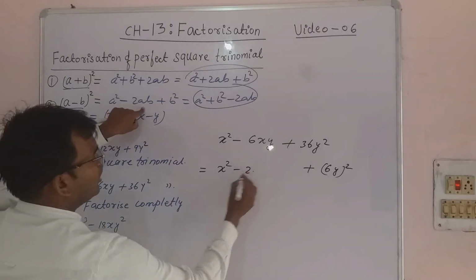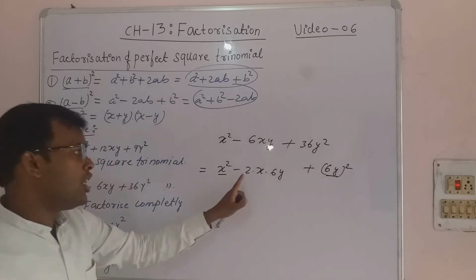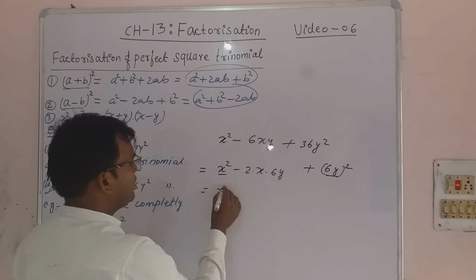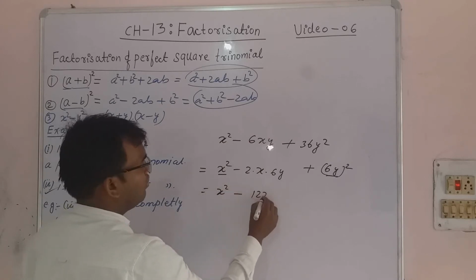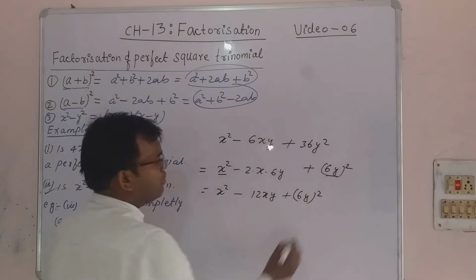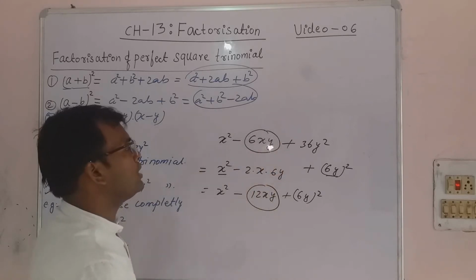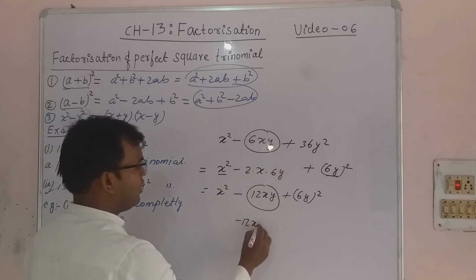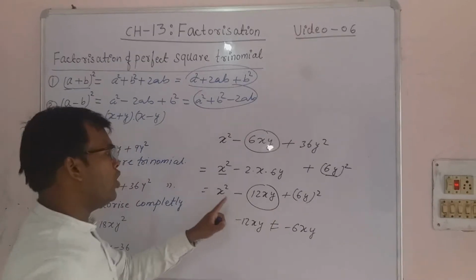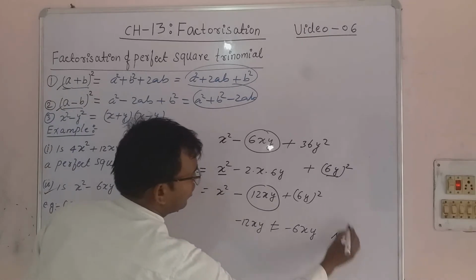So 2 into a, which is x, into b, which is 6y, and after multiplying it will come 12xy. Check, it will come x square minus 12xy plus 6y square. But 12xy is not equal to 6xy. So minus 12xy is not equal to minus 6xy. That's why we cannot set this as a perfect square. So answer will be no.